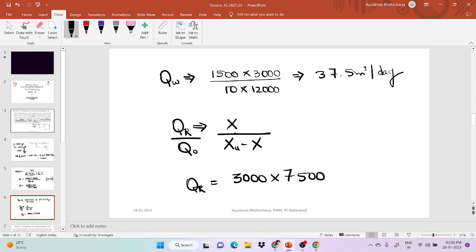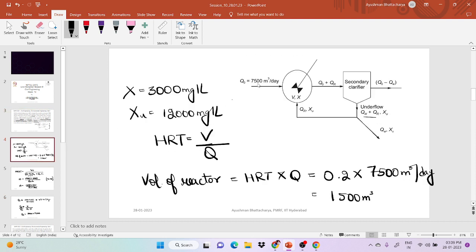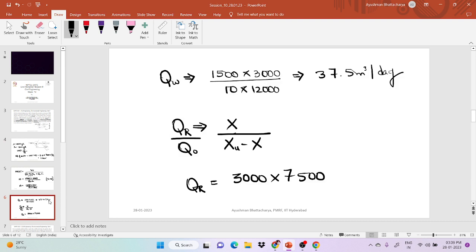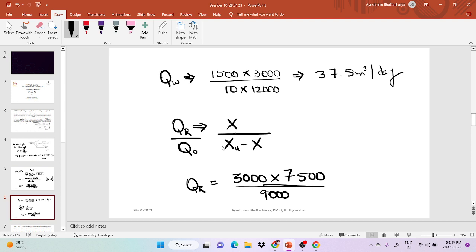This is the X. So this is the 7500 divided by 9000. How 9000? So 12,000 minus 3000. So X is 12,000.